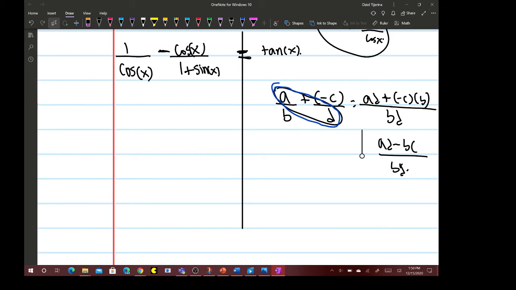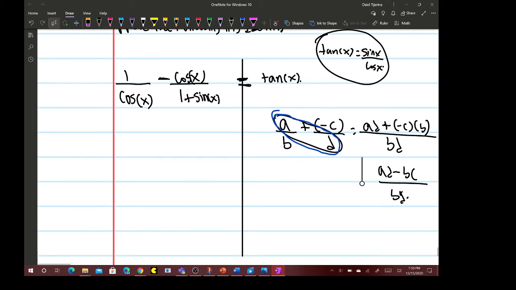So I'm going to first go ahead, and you don't want to change this into secant x. I mean, you can do that if you really want to, but I wouldn't do it because it's not going to make it any simpler.